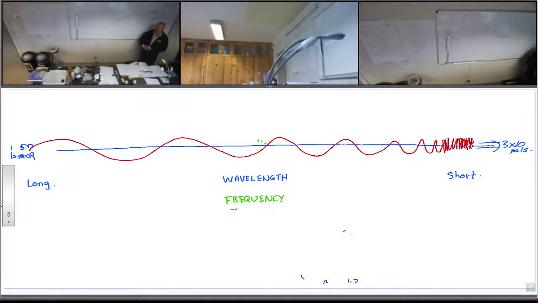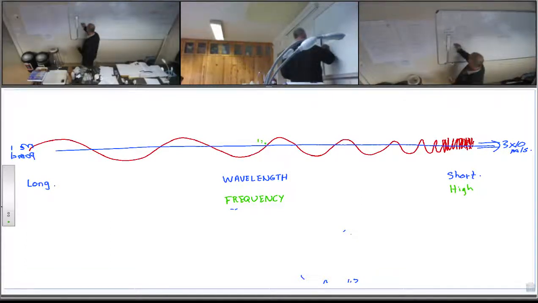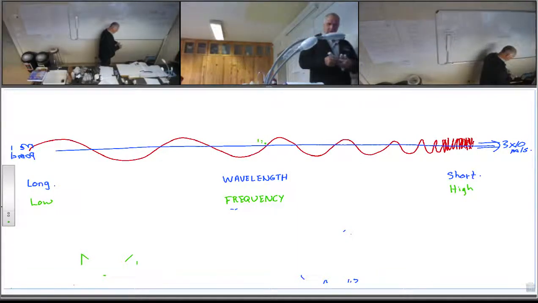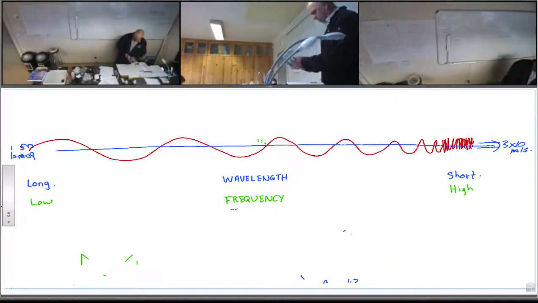Right, which part of the wave will you get more waves going past in a second? So we don't say this has got a short or a long, it's got a high frequency, and these have got a low frequency. Right, what was the next heading there? The energy.